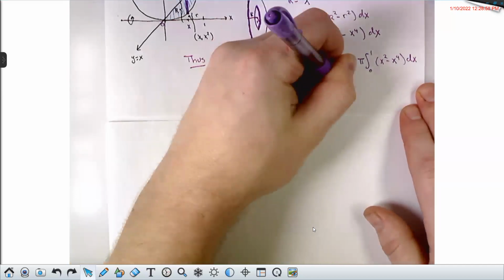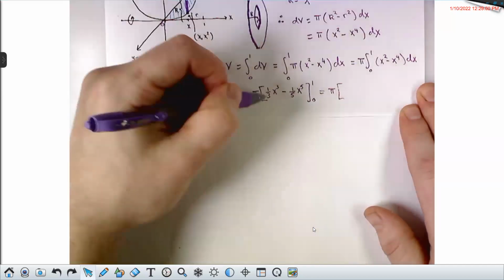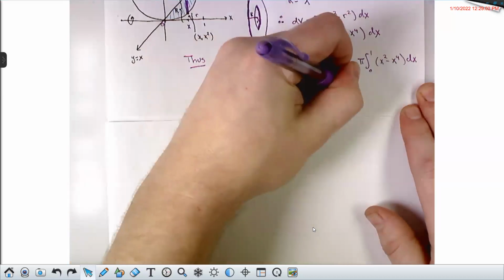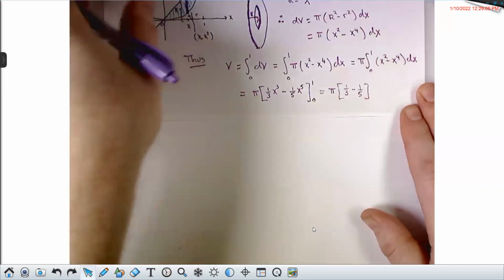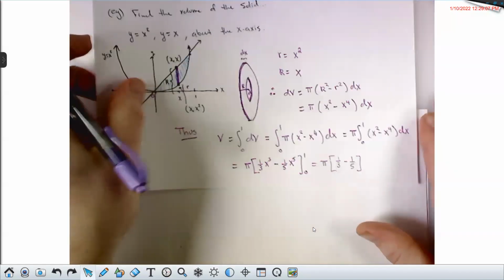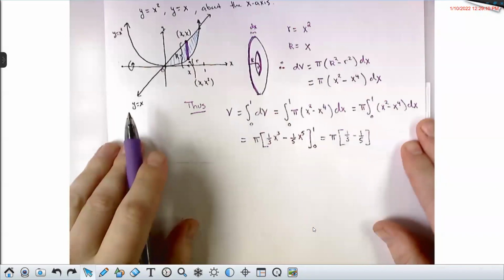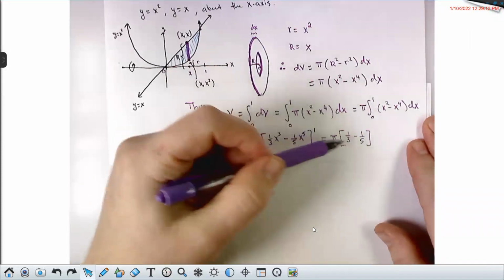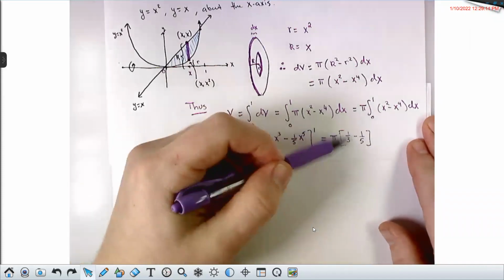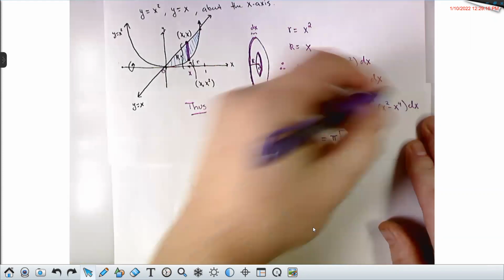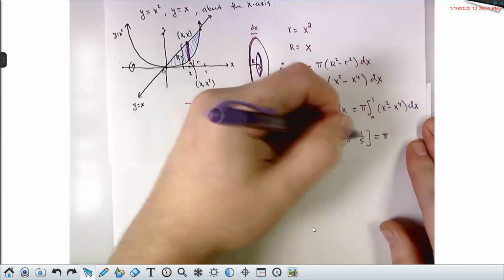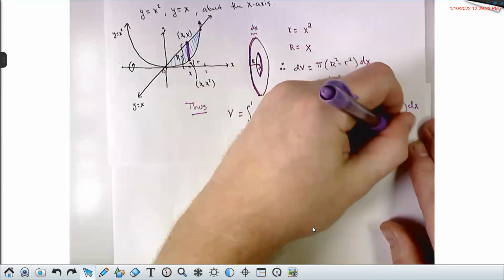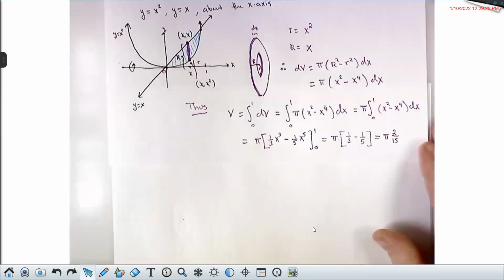This is pi times 1/3 minus 1/5. And if you have a common denominator, this is 5/15 minus 3/15. 5 minus 3 is 2, so that's 2 over 15. 2 pi over 15, if you like.